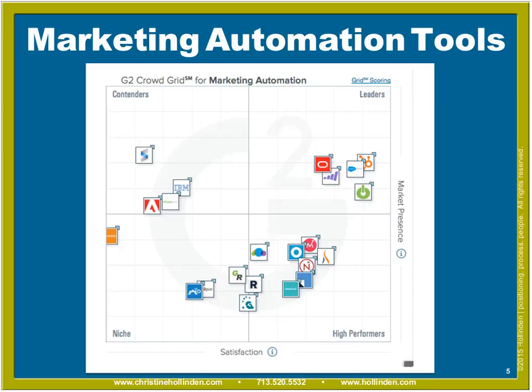And those are the ones that you see in that upper right quadrant, considered the leaders in marketing automation. These products have large market share, backed by several resources, and have been highly rated by users for satisfaction along with many other factors such as capabilities, ease of use, etc.